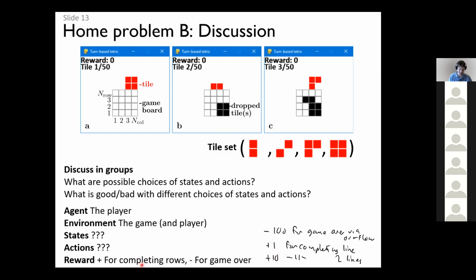So the reward determines which task we solve. For most reinforcement learning problems, it is very important to really think through what the reward is. Defining a good reward could be the difference between success and failure in having reinforcement learning solve some task.